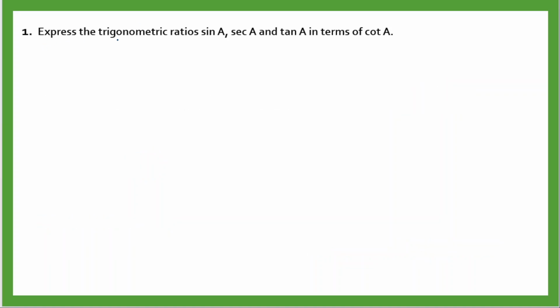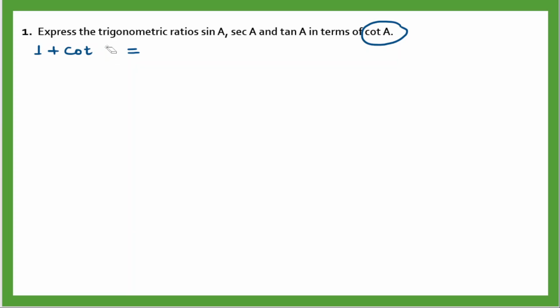First question. Express the trigonometric ratios sin A, sec A and tan A in terms of cot A. Okay, so what you are doing? You are using your basic trigonometric identity, that is 1 plus cot square theta.